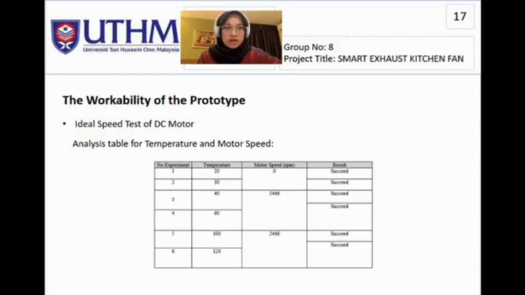This could be explained by the connection between the servo motor code and the Arduino, and this data is taken to see whether the motor speed is effective. This test also requires temperature support to test the motor's ability to move. After doing these 6 experiments, we can see from the results that all of them went as expected.